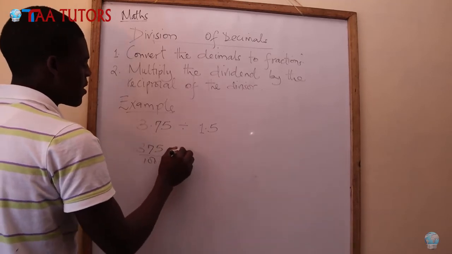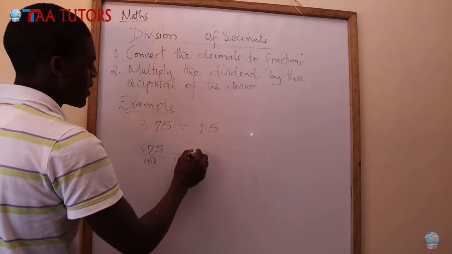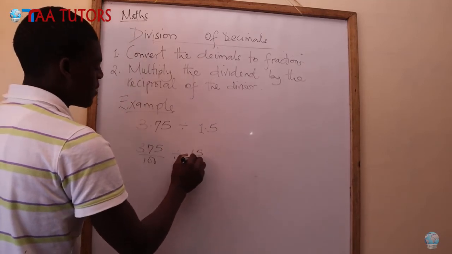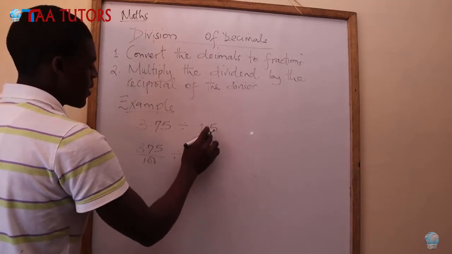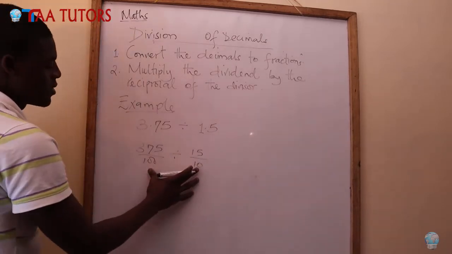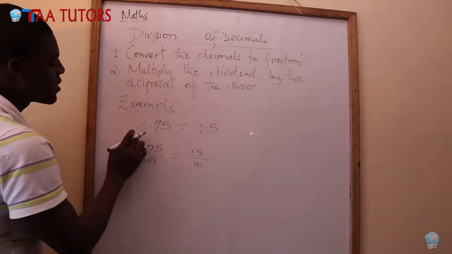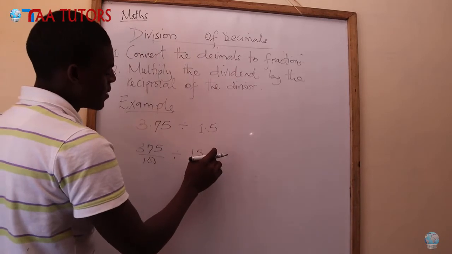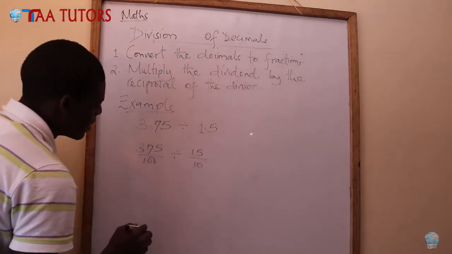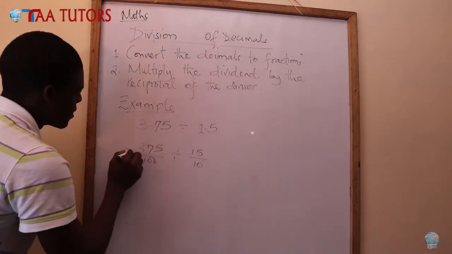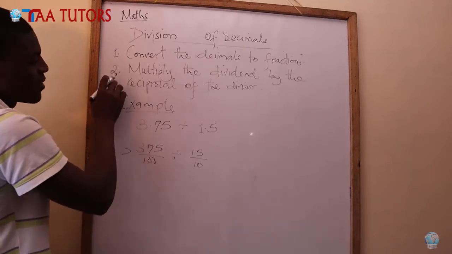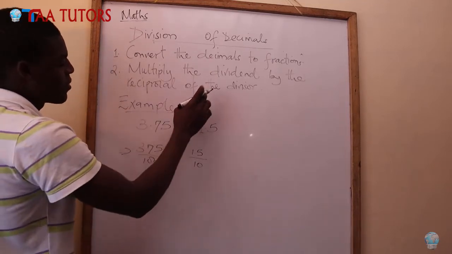Then we divide by 1.5, which is 15 over 10, 1 decimal place. So when we have it this way, these are now fractions. We have 375 over 100, divided by 15 over 10.